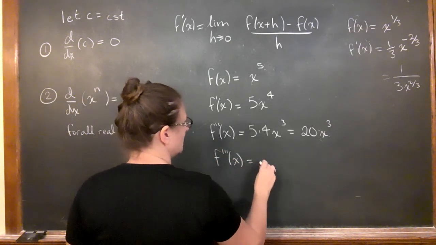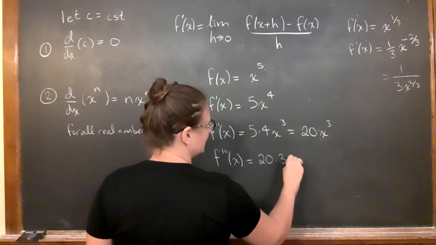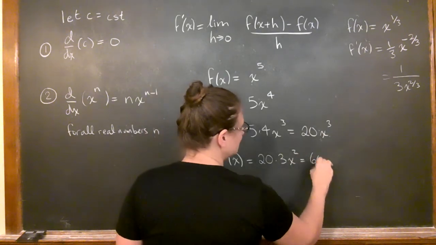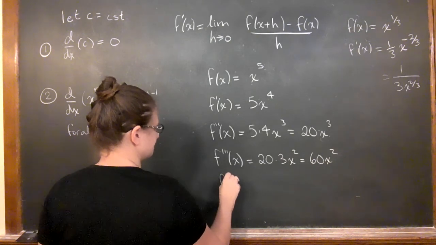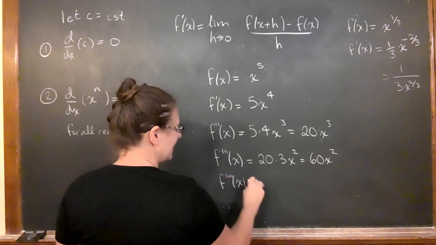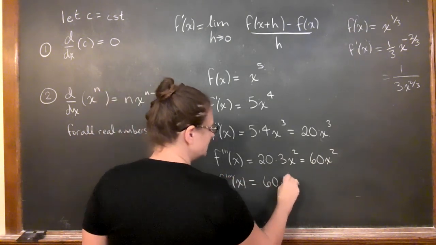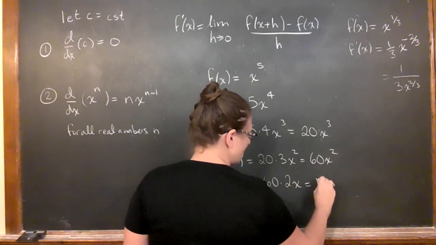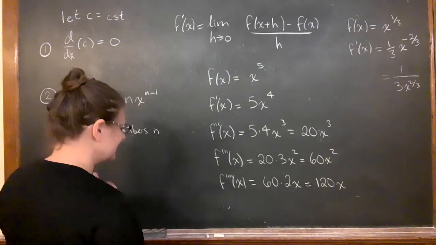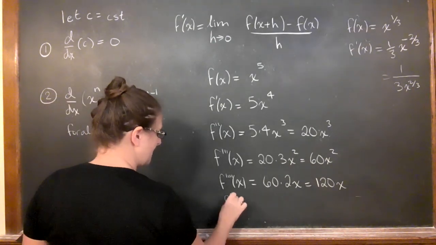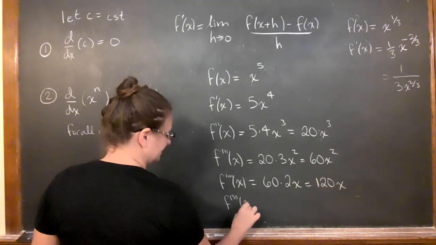So 20 times 3x squared, so I can just keep going. And I can take as many derivatives as I want, right? And by as I want, I can take as many derivatives as are defined.